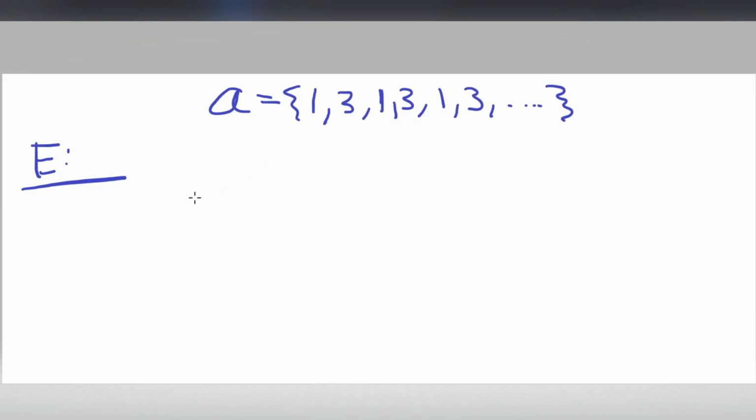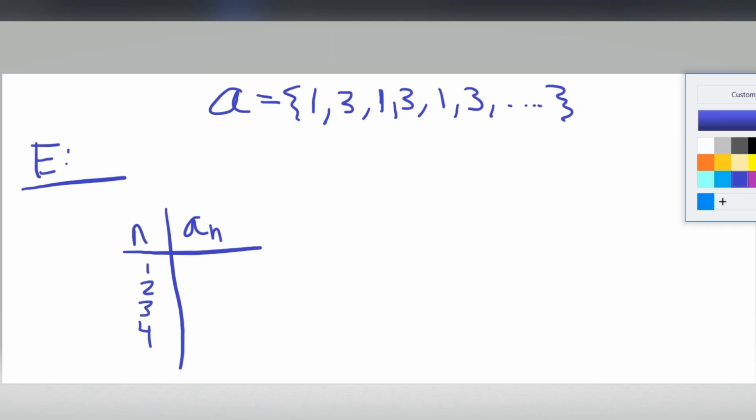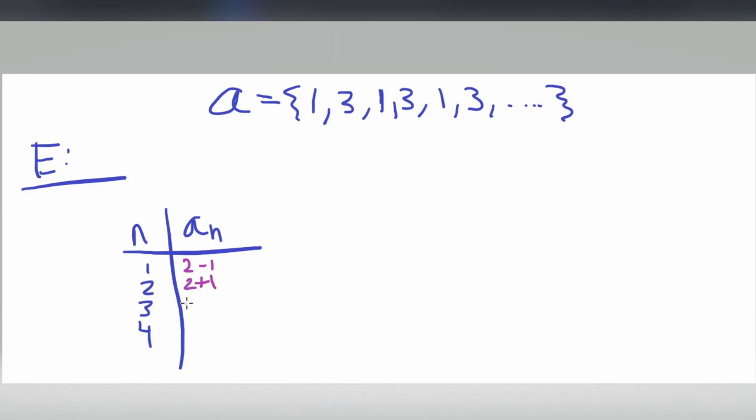In this case, I can see that if I write out my table, 1, 2, 3, 4, and so on, instead of writing this out as 1, I can write this out as 2 minus 1. Why is that important? Well, because I can write the 3 as 2 plus 1. Then 2 minus 1, 2 plus 1.